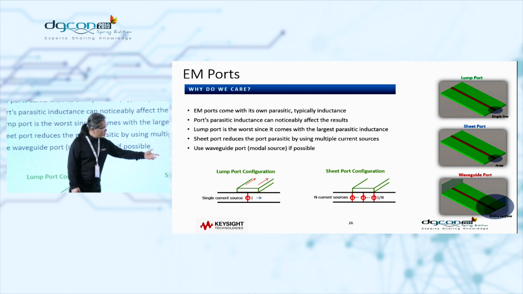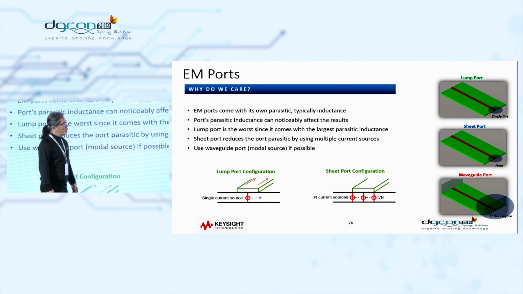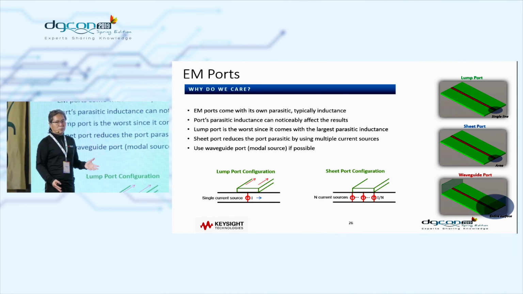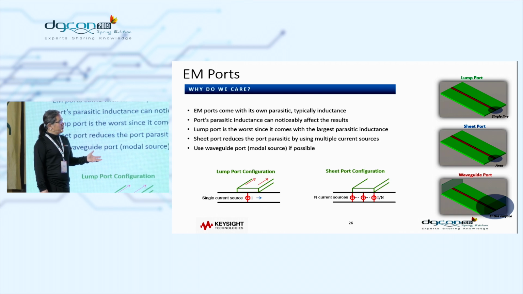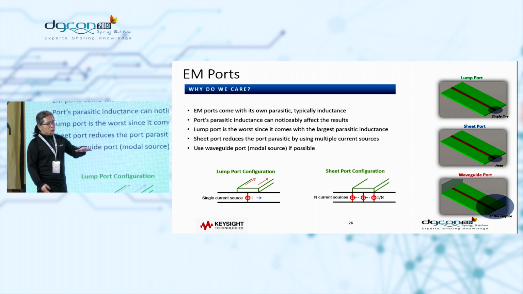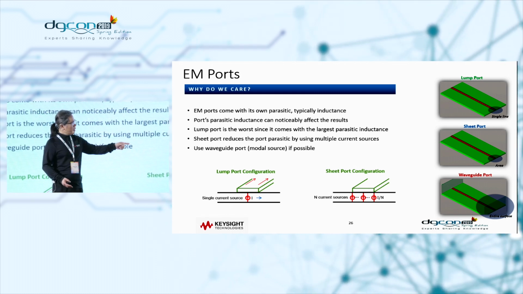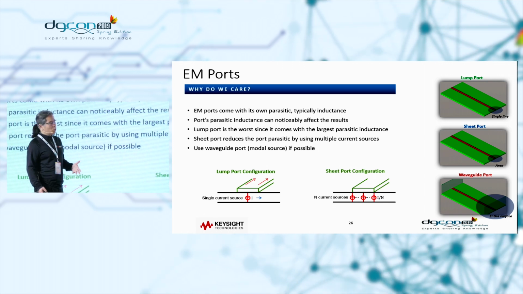Another type of source is called waveguide ports. There are multiple different types of ports. The reason there are multiple is that most of the EM solvers have their own internal sources. But in order to provide the best accuracy, waveguide port is the best. There is no question about it.